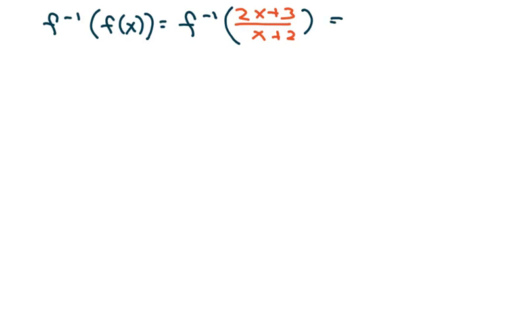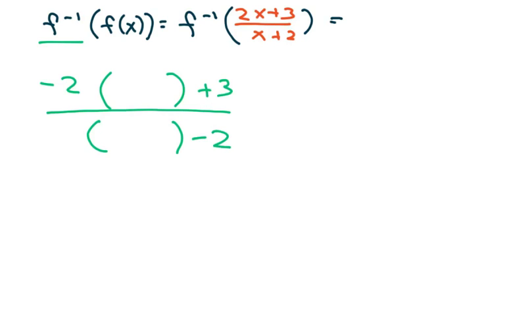Now this equals, let's write our outer function, negative 2, I'm going to leave a blank, negative 2x plus 3 over x minus 2. And my x now happens to be f of x, so that's going to be 2x plus 3 over x plus 2.